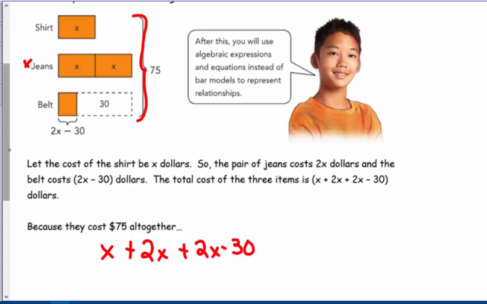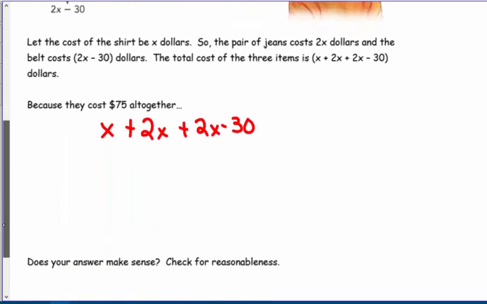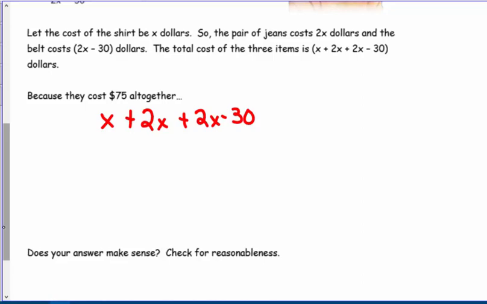So this picture is kind of like our let statements. Let x equal a shirt, let 2x equal jeans, let 2x minus 30 equal a belt. So putting that into an equation, x plus 2x plus 2x minus 30, all together they equal $75.